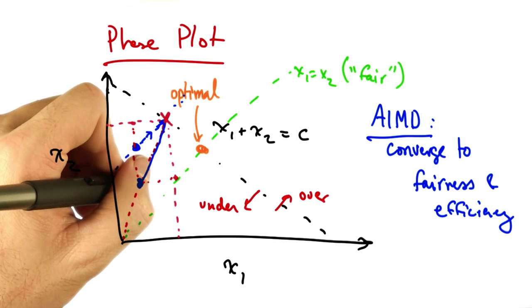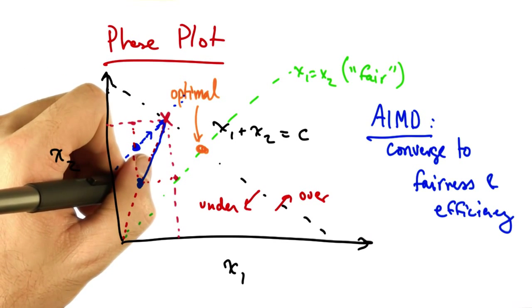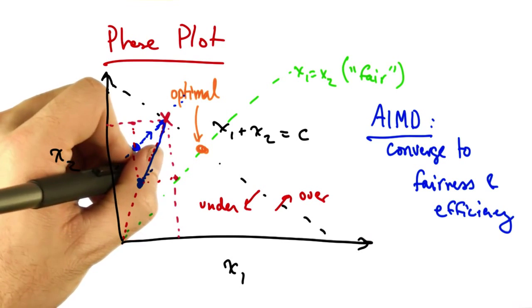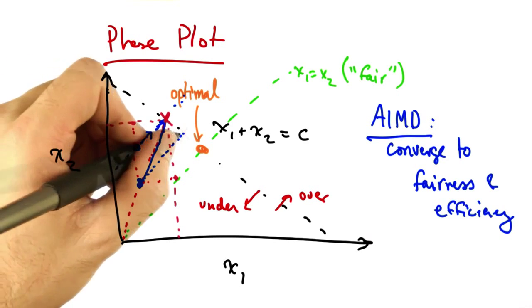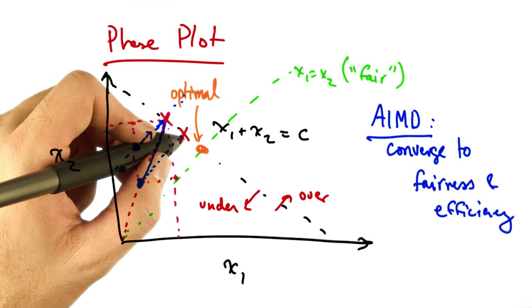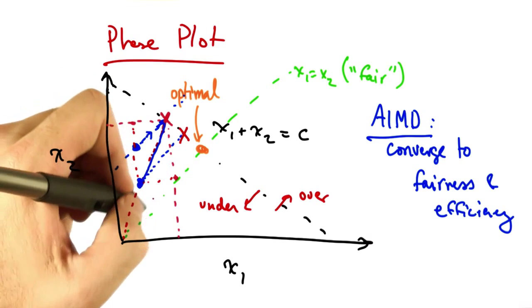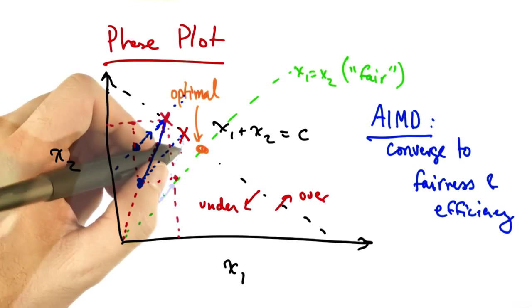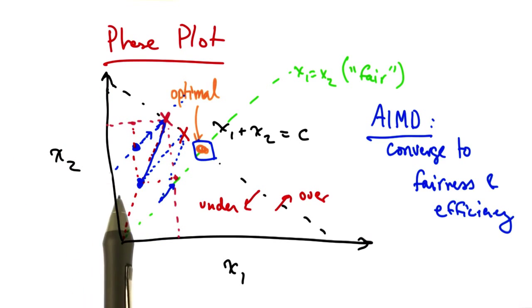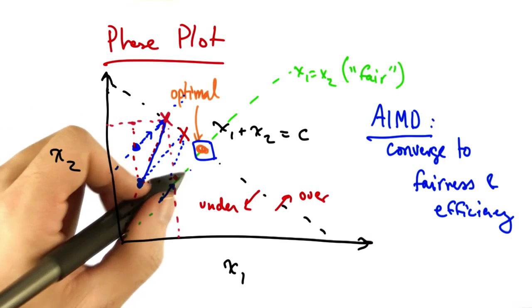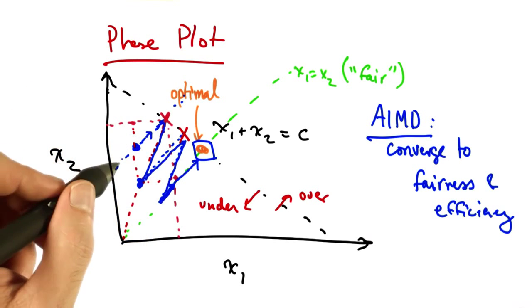At this point, the senders will again increase their sending rate along a line that's parallel to x1 equals x2 until they hit overload again, at which point they will again retreat towards the origin. You can see that eventually the senders will reach this optimal operating point through the path that's delineated by the blue line.